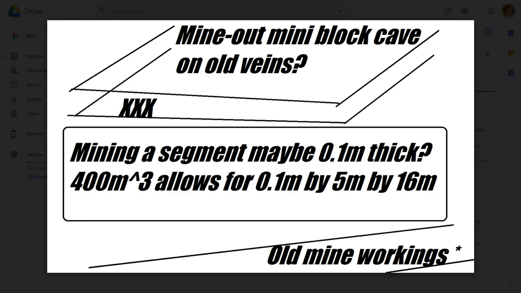I've drawn up a diagram once before of a machine to automate the channel sampling process with some blades at the front and a hammer drill bit in the middle, and then a heavy duty vacuum to capture all of the loose rock and dust and water and anything that might come out of a channel sampling program.